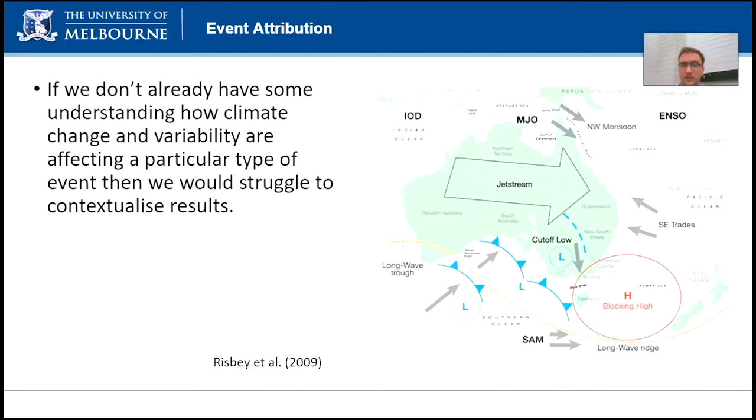So it's useful to have an understanding of how these different climate modes affect the extreme weather events that we're interested in before we start doing our attribution study. Otherwise, we would struggle to contextualize the results or make sense of the model results that we might get at the end. And one of the challenges here is that there aren't that many studies that look at the links between these different climate modes and extreme weather.